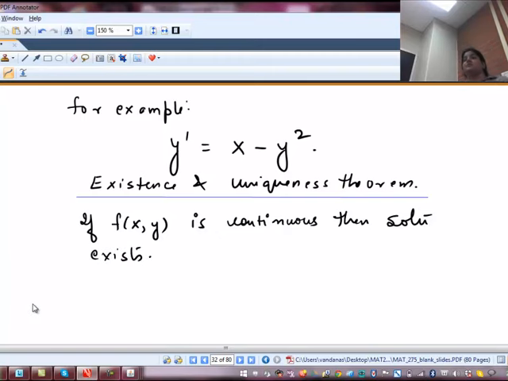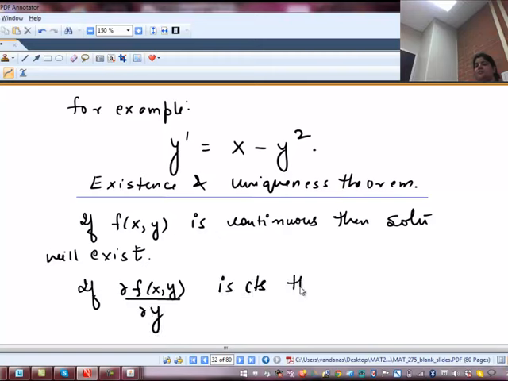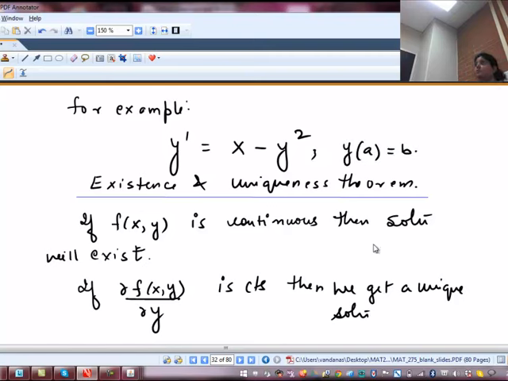Solution will exist. If the partial derivative of this f with respect to y is continuous, then we get a unique solution. And provided I should add here some initial condition, otherwise we won't.